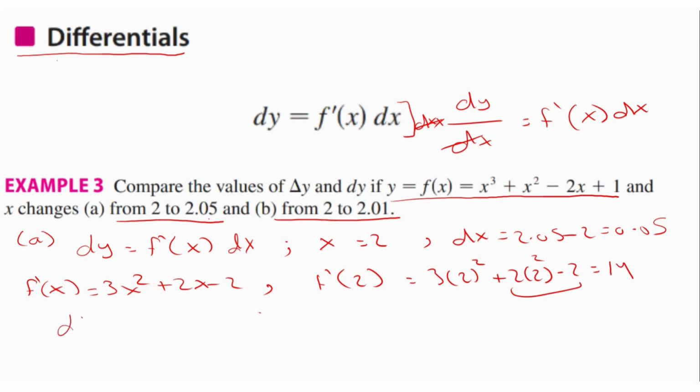Now dy is going to be 14 times dx, which is 0.05, and this will give us 0.7.